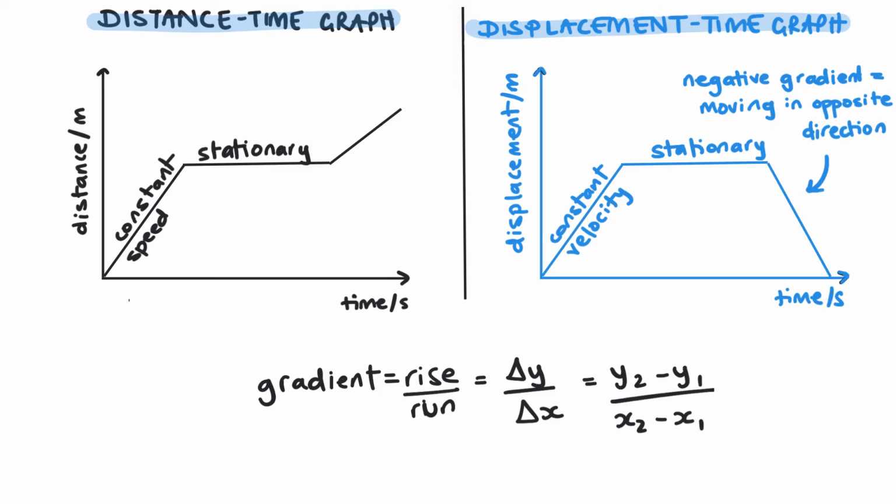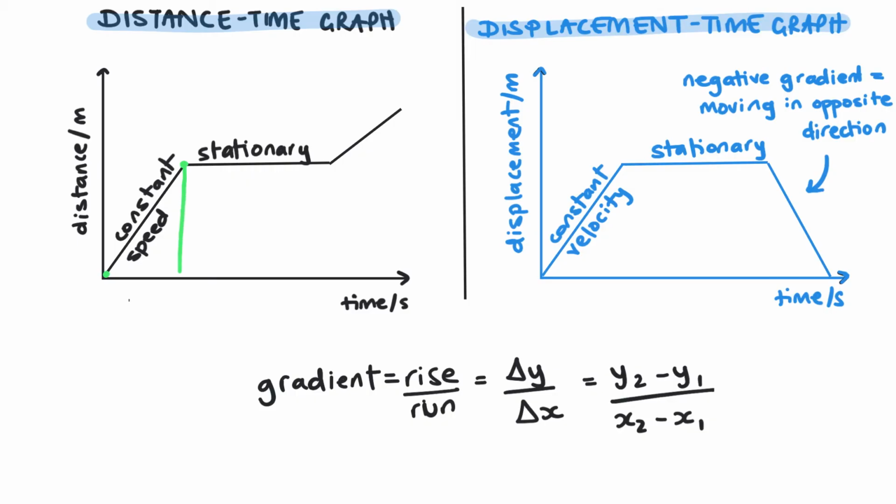So if we have a look at the distance time graph and we wanted to work out the value for the constant speed, then we would pick 2 points along that straight line. Now we want to make sure that they're as far apart as possible, so I will pick the points at the very start and at the very end. And we connect them together by drawing a large triangle.